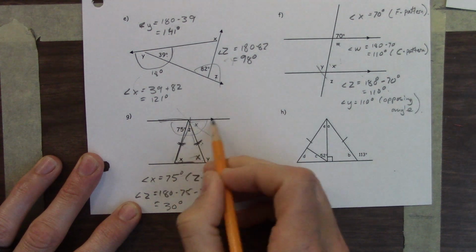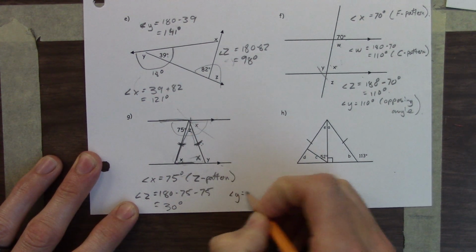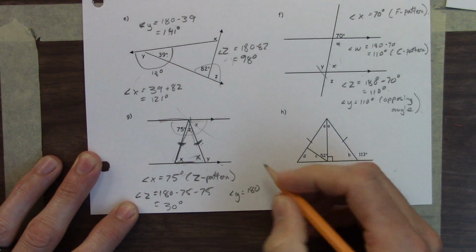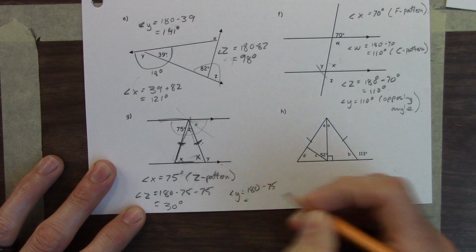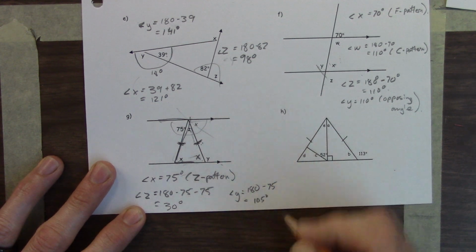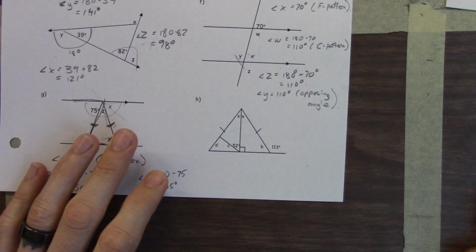And finally, angle Y is just going to be 180 minus X, which is 75, equals 105. Any questions? So far, so good.